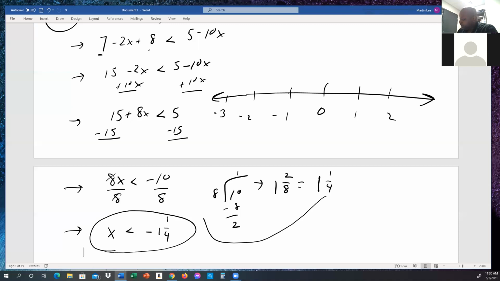Okay, well, here's -1. Let's see, here's -1 and 1/4. And I need all the x's that are less than. So that means I'm going to be going to the left. So I'm going to have a parenthesis, and I'm going to the left. And I have the parenthesis because I have just less than for the inequality.